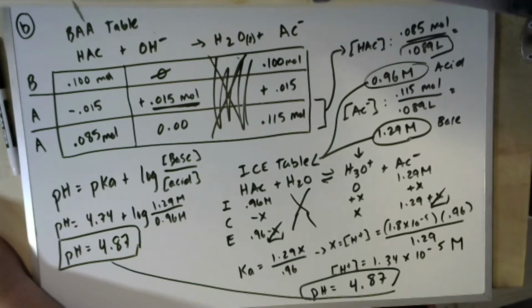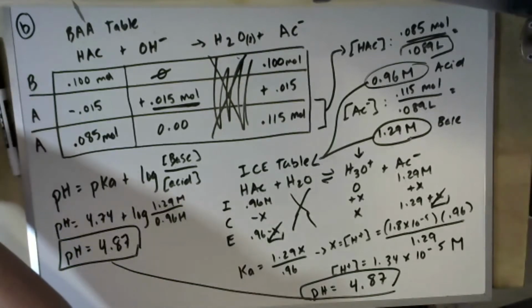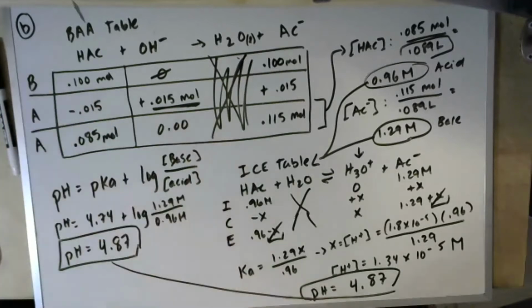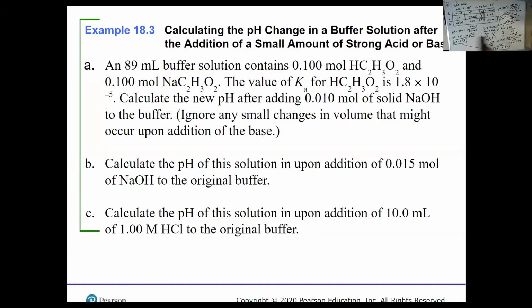All right, let's look at one more of these examples. In this case, we have something a little more interesting. I'll just share the screen again to remind you. We're still looking at that same buffer solution that we have been working with this whole time.